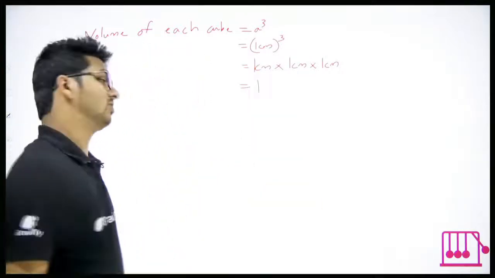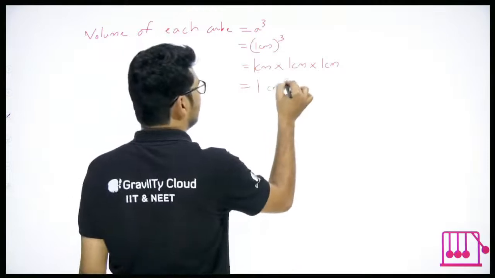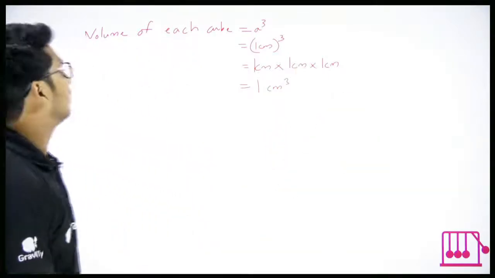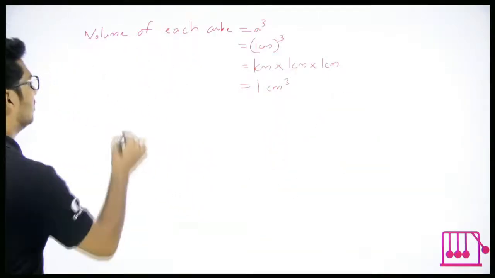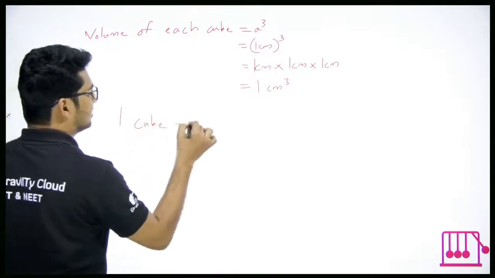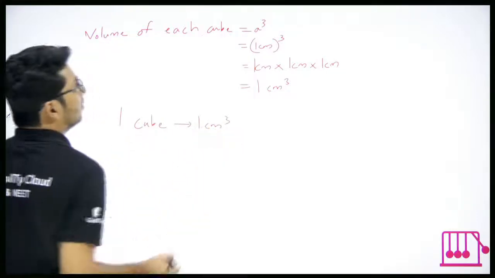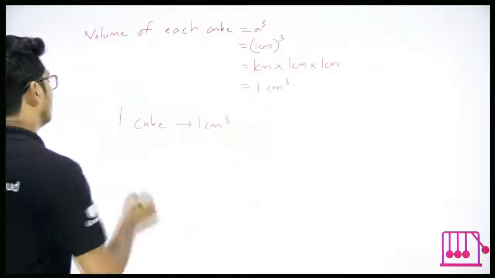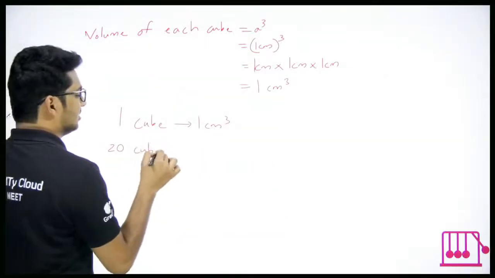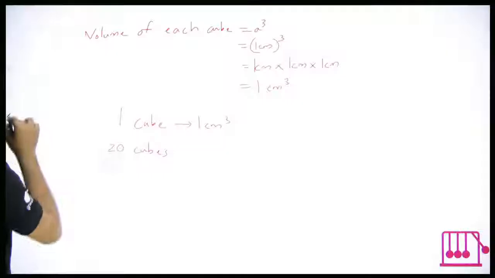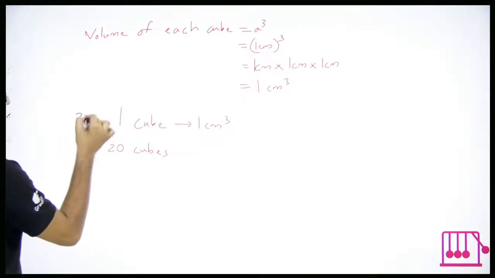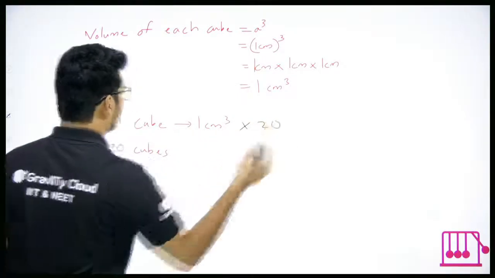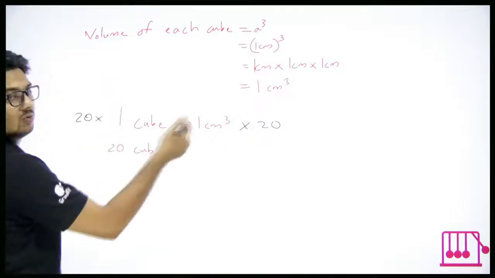The power is 3. We got the volume of 1 cube, 1 centimeter cube. But how many cubes are we using? 20 cubes, so you multiply with 20. Again, 20 into 1 is 20.